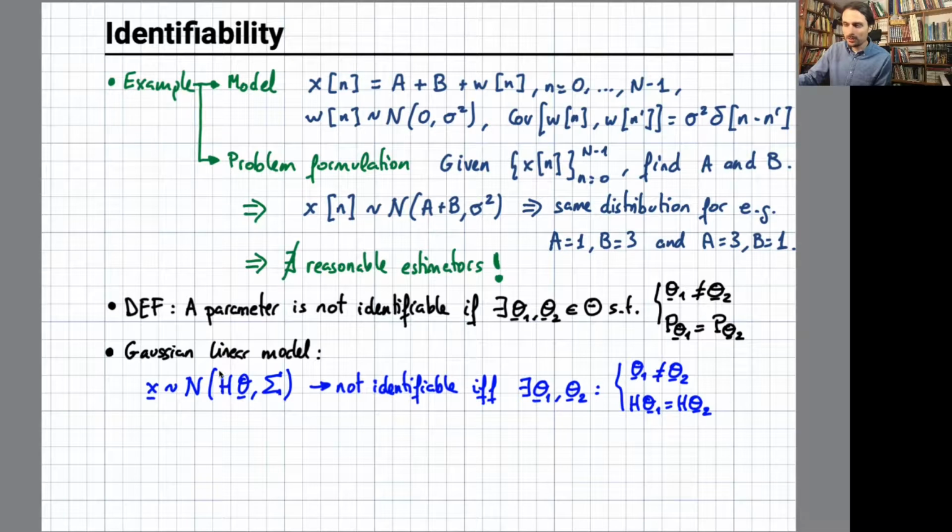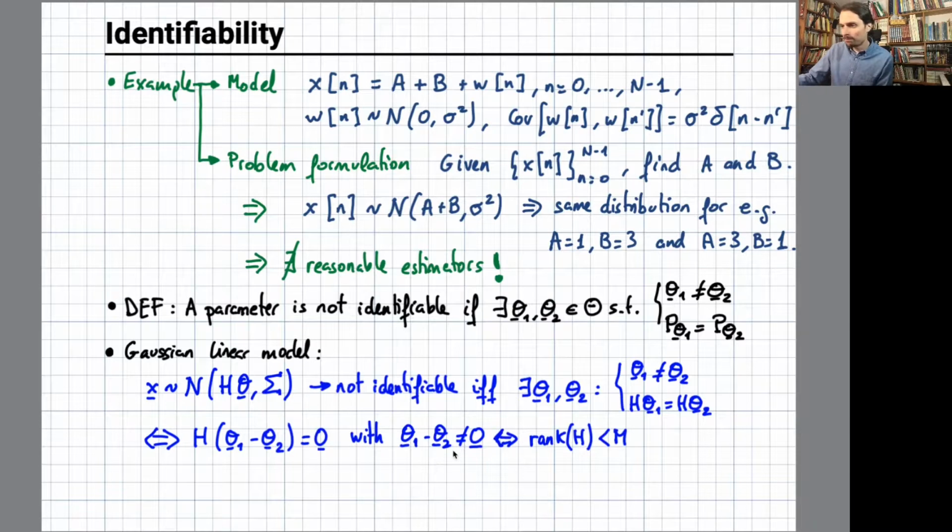In this case, this obviously means that H theta 1 equals H theta 2. So an equivalent condition is that H times theta 1 minus theta 2, I'm just moving this term to the left-hand side, must be equal to 0. And this vector theta 1 minus theta 2 will be different from 0, because theta 1 and theta 2 are different.